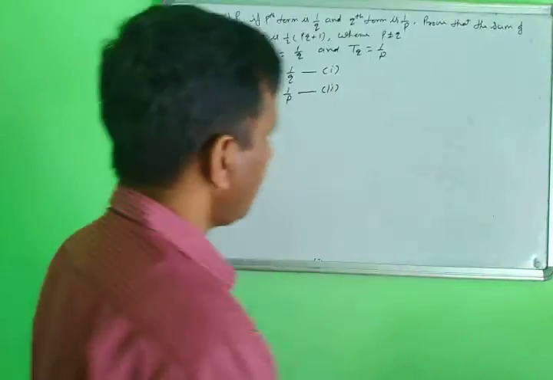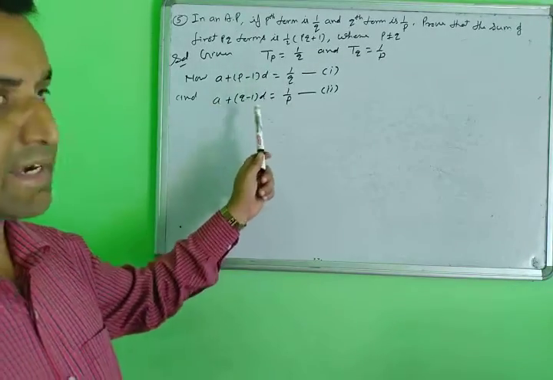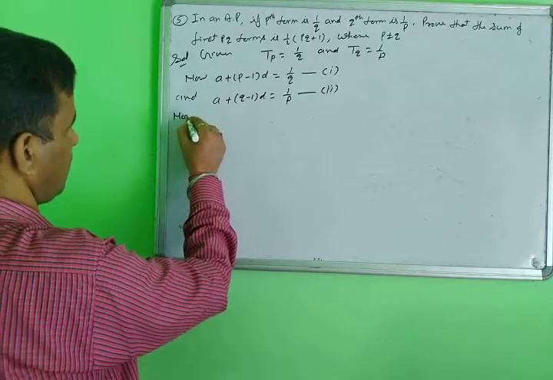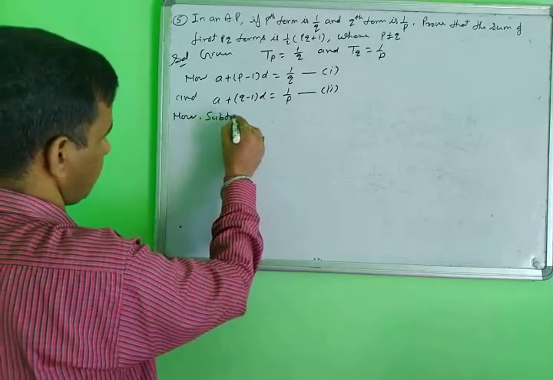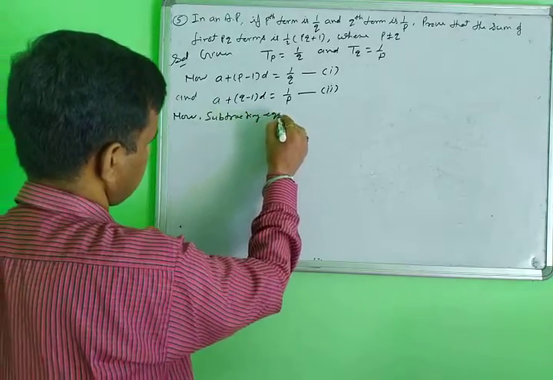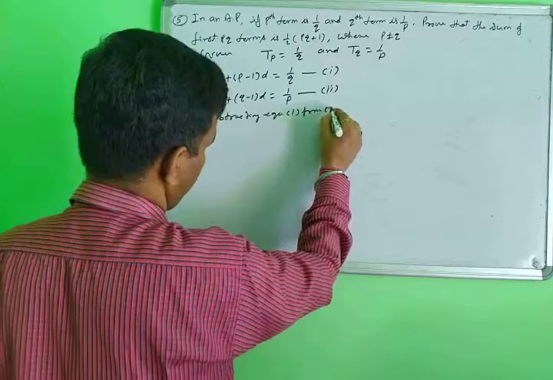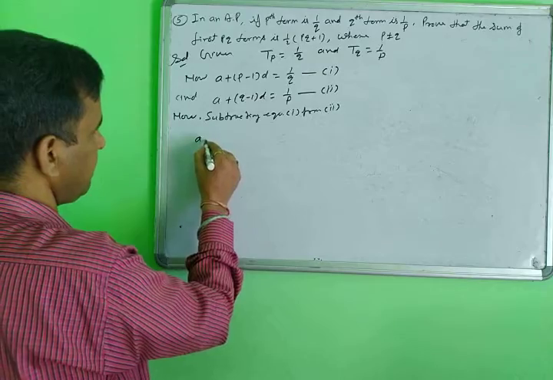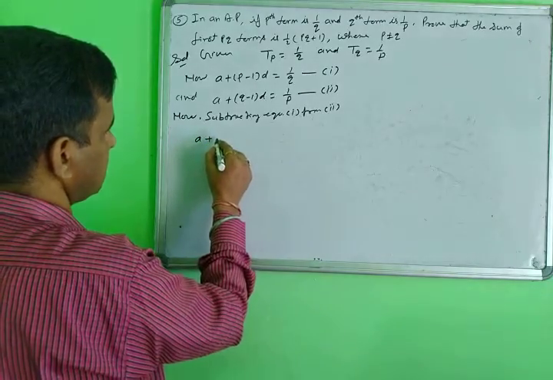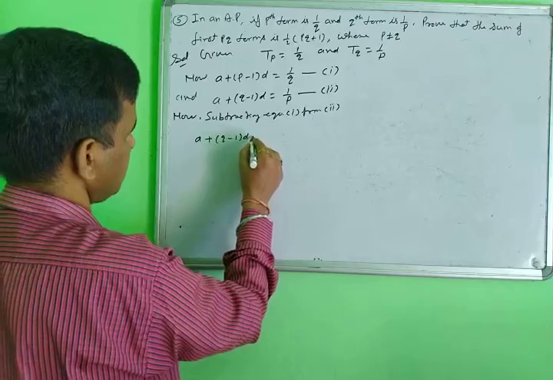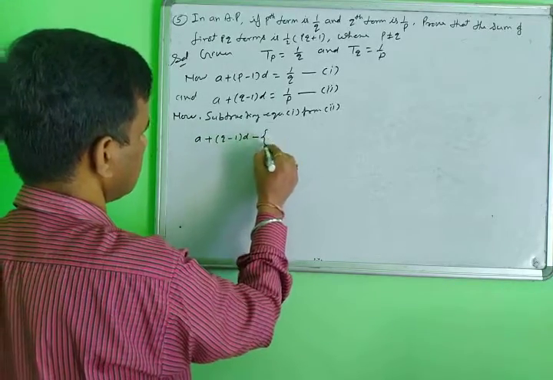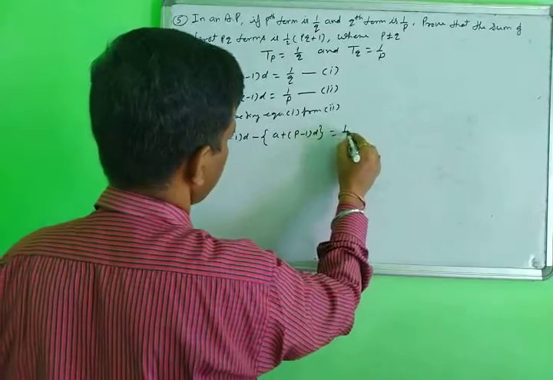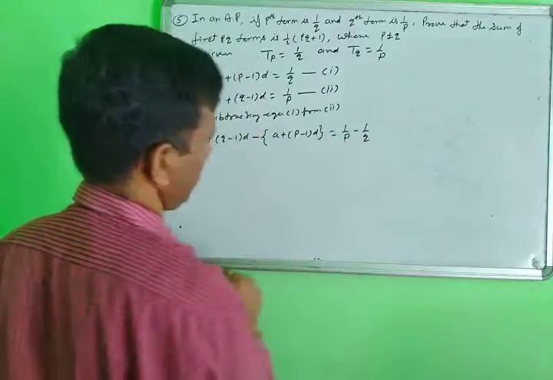After that you will subtract equation first from second. Subtracting equation first from second, second means a plus q minus 1 d minus a plus p minus 1 d equal to 1 upon p minus 1 upon q.